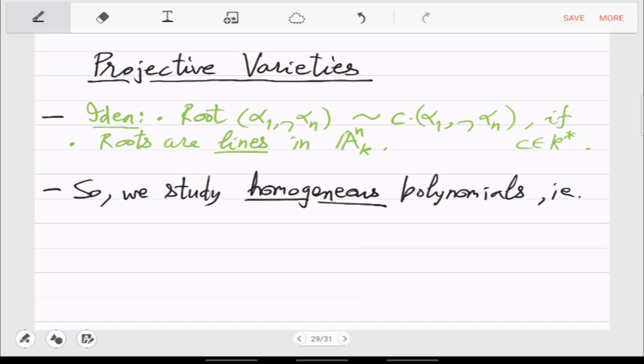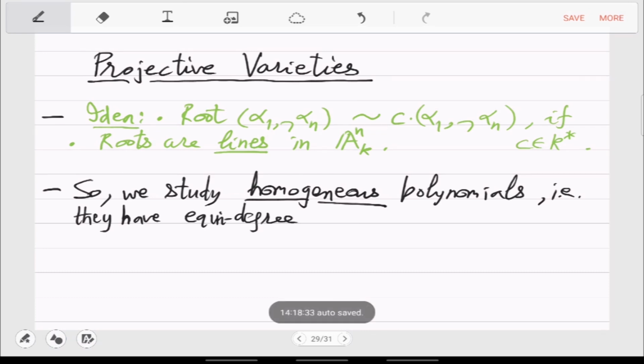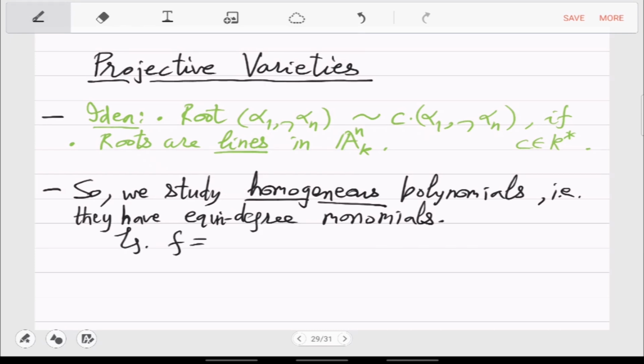That is, they have equidegree monomials. Okay, so for example, x square minus xy plus y square, right?